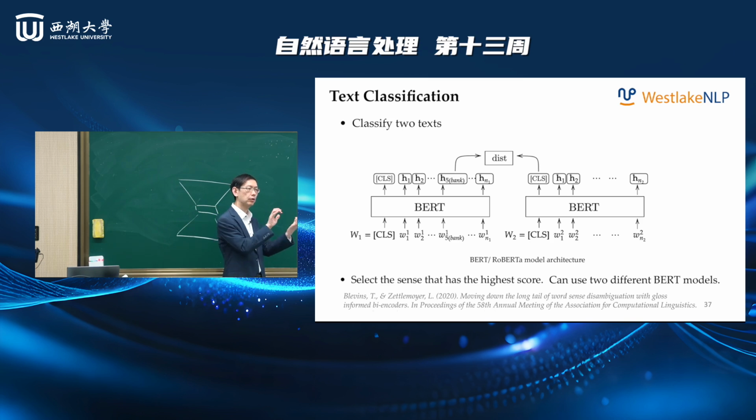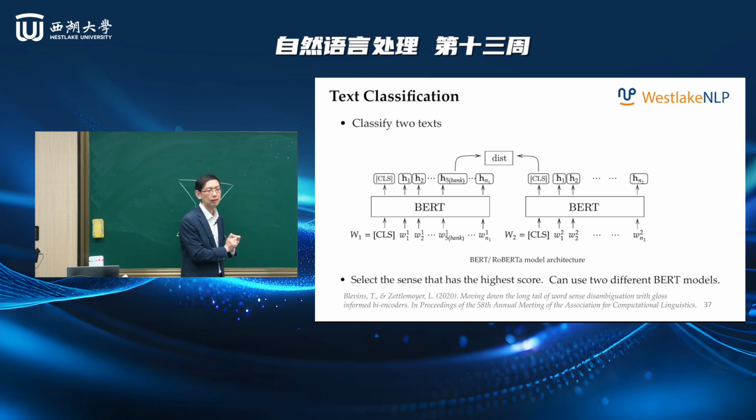You just take the two vectors and you use the distance measure. We learned that 2 weeks ago, right? You can use cosine or a neuron to calculate the similarity. And when you do the output, you select the sense that has the highest value of the similarity with the original sentence, bank hidden. Then you fine-tune the two BERT encoders to make sure that the correct sense matches the contextualized representation.